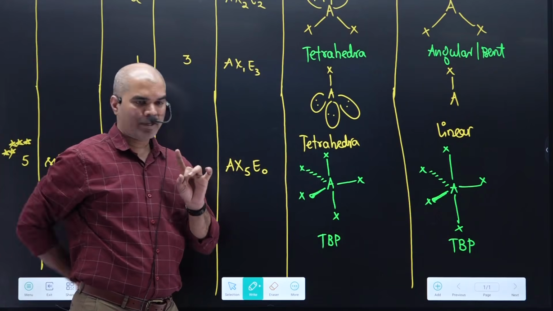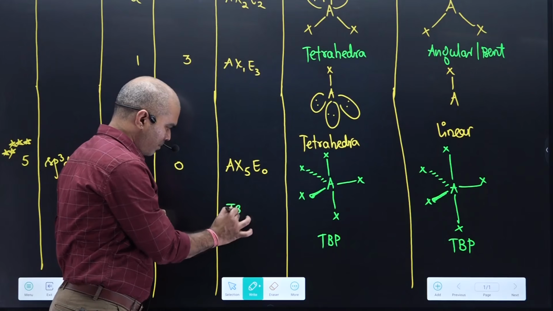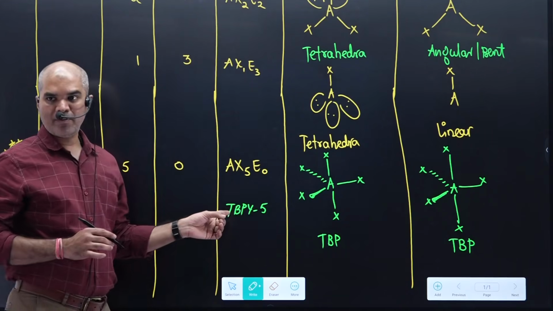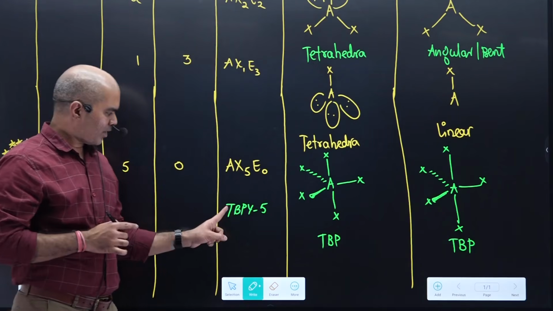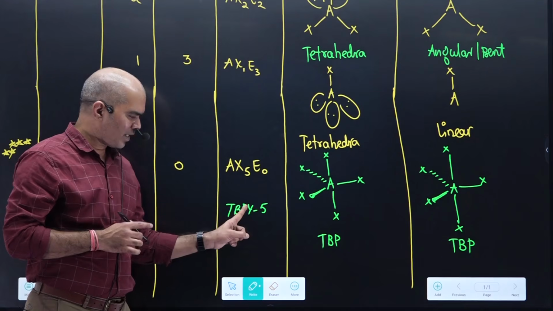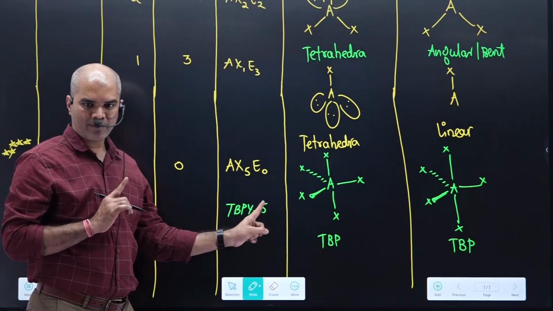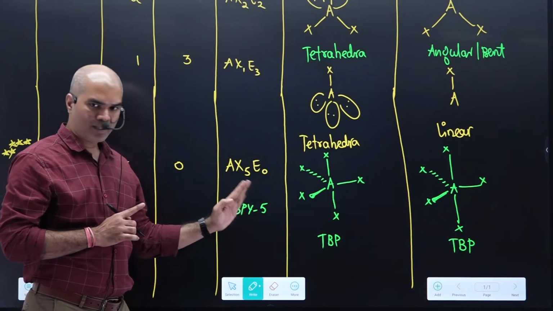But according to IUPAC, I should write it as TBPY-5. This is the IUPAC abbreviation. Even IUPAC has given abbreviations for geometries. You have to abbreviate it as TBPY in capitals, hyphen, without any space, 5, the coordination number. And all this TBPY should be in italics.